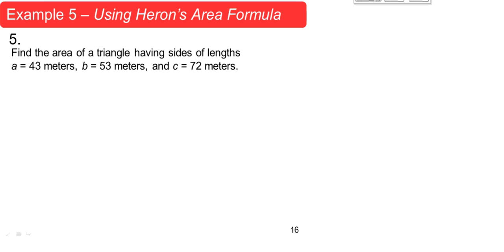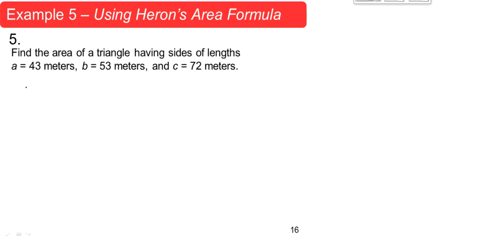So find the area of the triangle having side lengths A is 43, B is 53, and C is 72 meters. So we're going to first remind ourselves of S, and I usually write it in cursive.